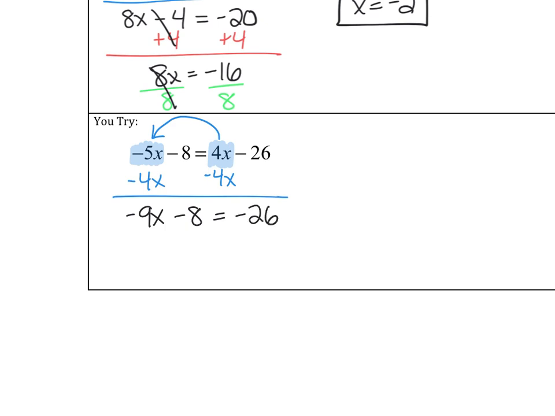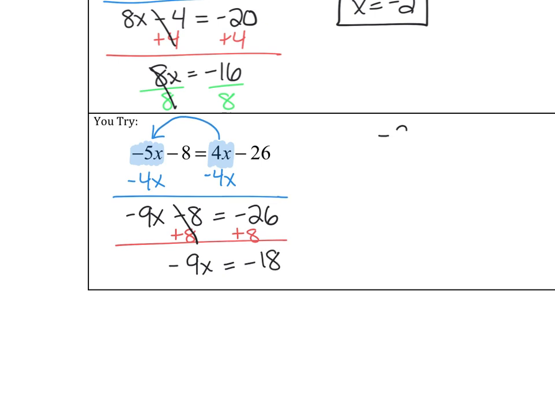So then I'm back to my two-step equation, and since 8 is being subtracted, I'm going to add it to both sides. So I'm going to add 8 here, and I'm going to add 8 here. When I do that, I'm left with negative 9x, the 8's go away, equals negative 26 plus 8 is negative 18.